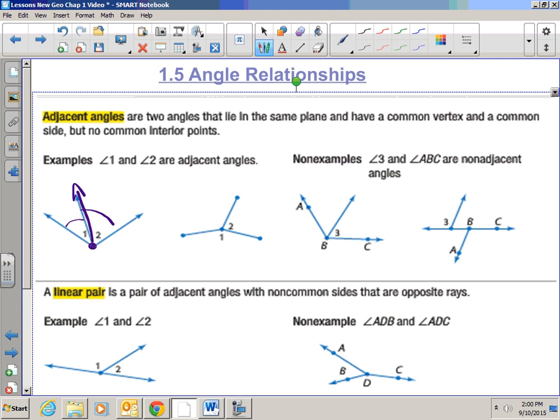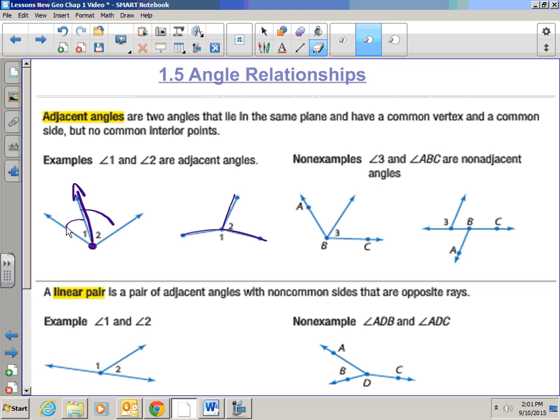You know what adjacent means. These two angles right here, 1 and 2, are adjacent angles. When we're looking at angle 3 combined with angle ABC, those are not adjacent angles because this portion of the angle overlaps.